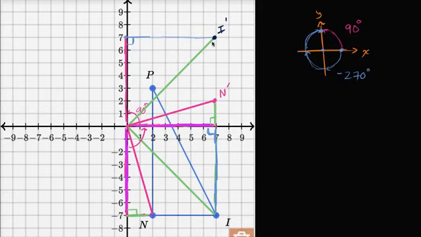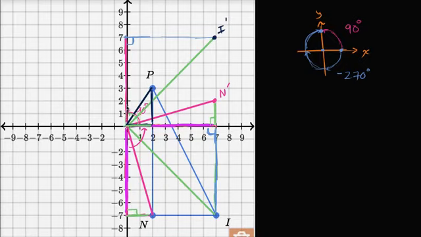So we know where the image of I is, the image of N is. So now we just have to think about, where does the image of P sit? And once again, we can do our little right triangle idea. So let's draw a right triangle. I could draw that side, and I can do this side right over here. If I were to focus on this right over here, and if I were to rotate it by 90 degrees, instead of going 2 to the right, it's going to go 2 straight up.